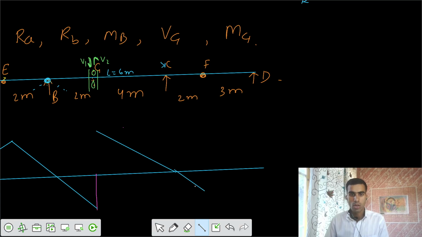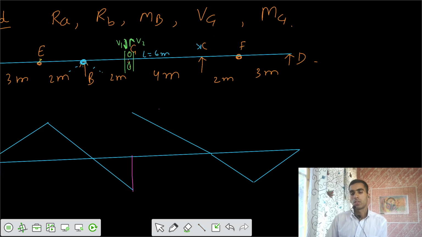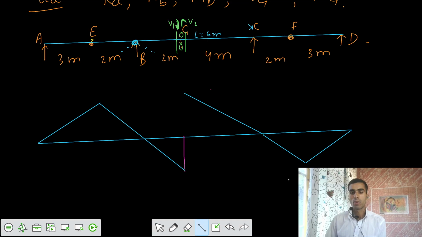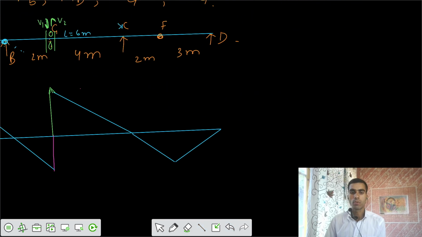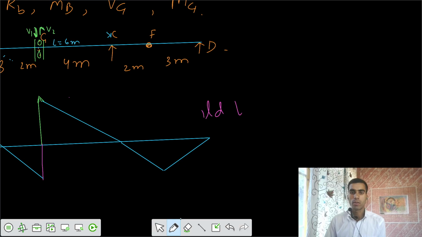After that we go to the point F with the same slope. Then we connect it with point D, such that point D is at the initial position. Then we can join this part also. I would say this is the variation. So this is your ILD for shear force at G.